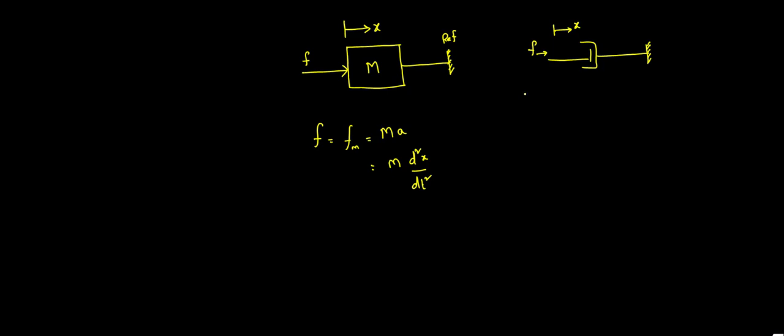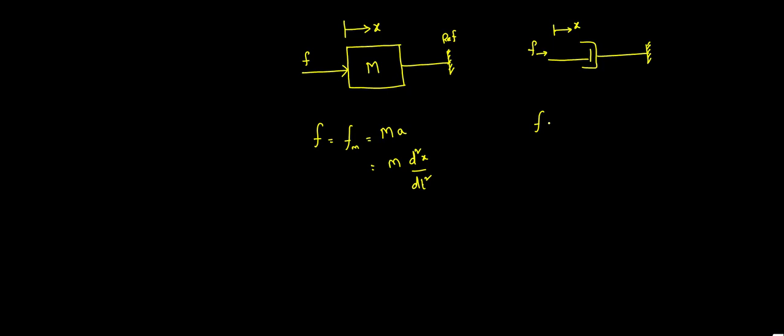So this dashpot is something like a friction component, which has negligible mass and elasticity. The force applied on the dashpot is directly proportional to the opposing force due to its friction.